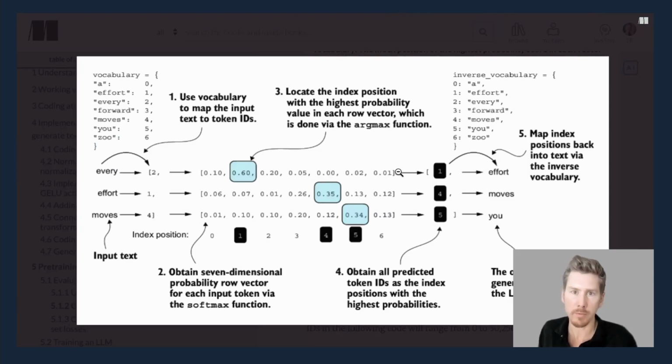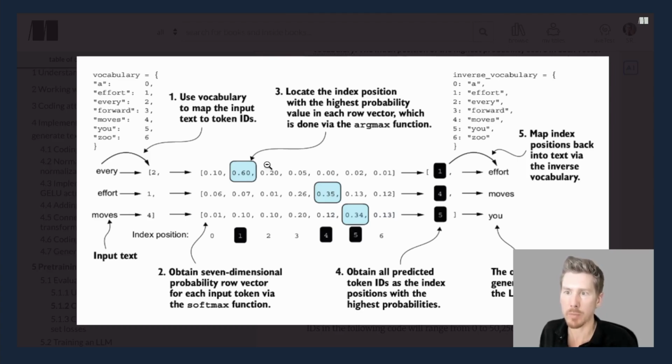And one thing about the softmax function, if you recall, these sum up to 1. So what we're looking at here, the vocabulary 0, 1, 2, 3, 4, 5, 6. So we have 7 entries. So there should be 7 entries here, 7 probability scores. And the first value tells me for this token in the input, I have a 10% probability to generate A. I have a 60% probability to generate effort.